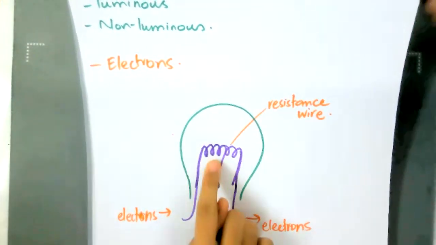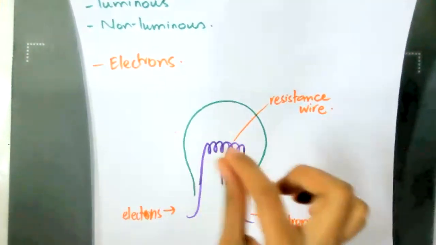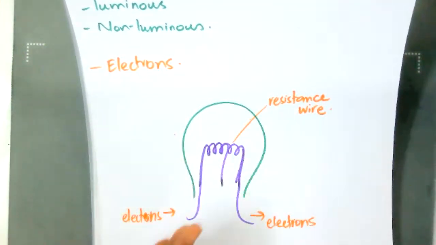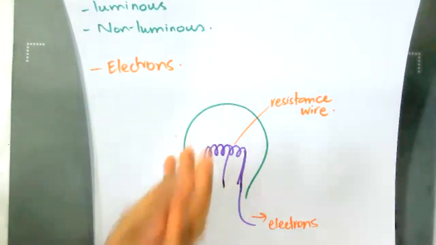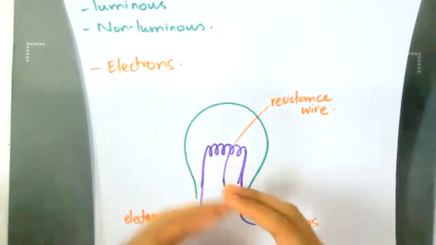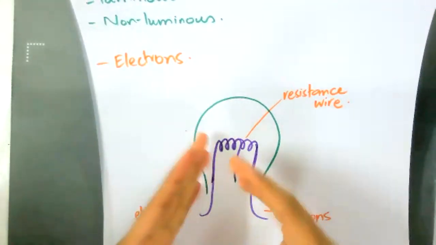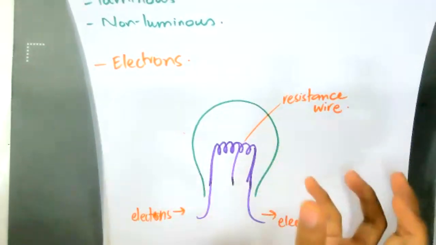This wire is, as you can tell by the name, of high resistance. So it's very thin, and all the electrons want to pass through it. When they're passing through it, they get really excited and crammed up. So the coil gets really hot, and they emit photons of light, and that's how you can see light.